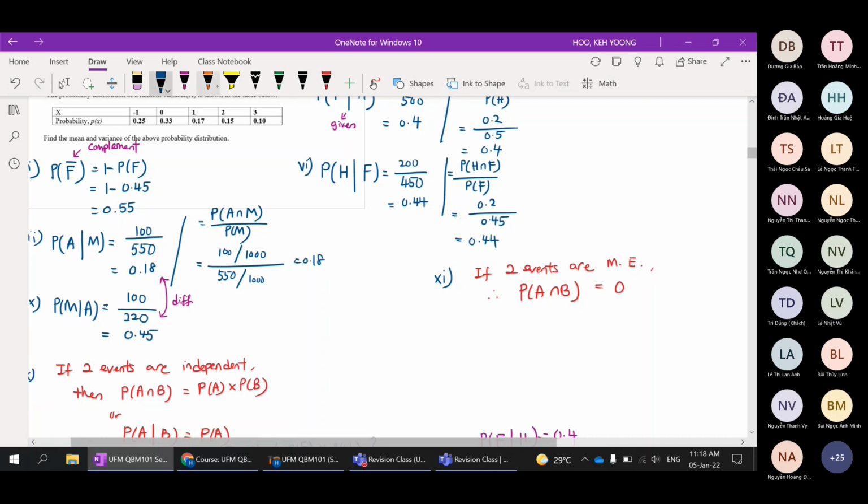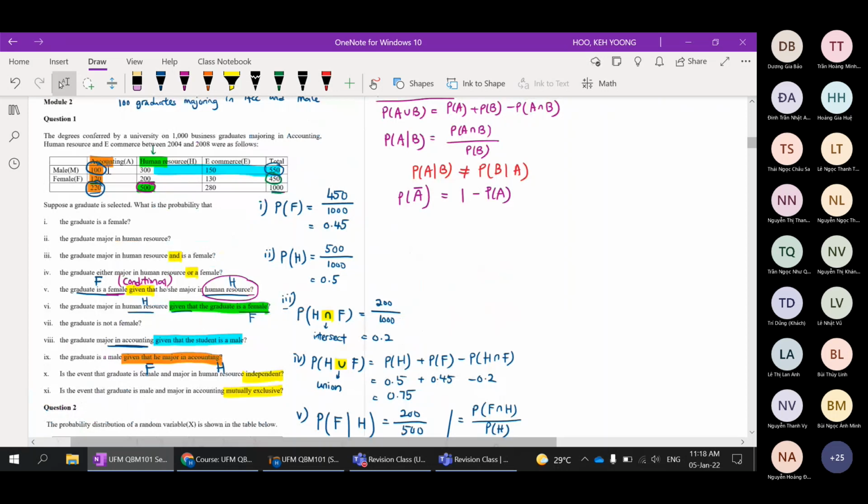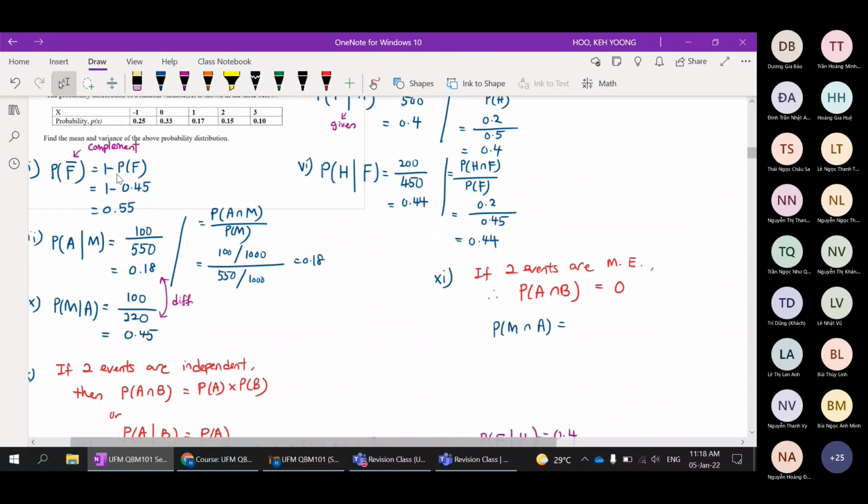So back to this question, we are looking at meal and accounting. What is the probability for meal and accounting? We have 100 graduates who are majoring in accounting and meal, so 100 divided by 1,000, you get 0.1.